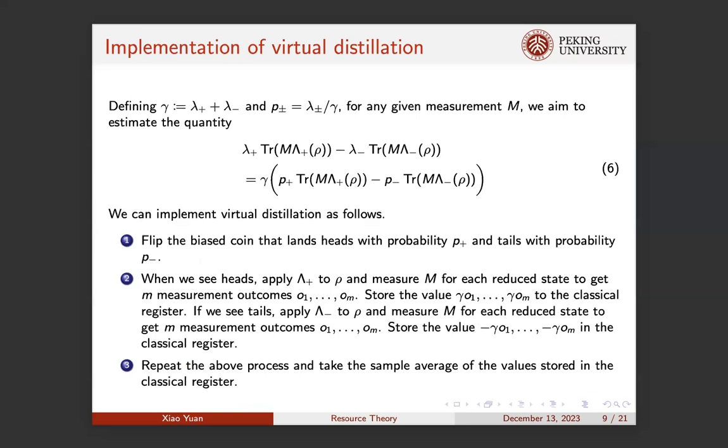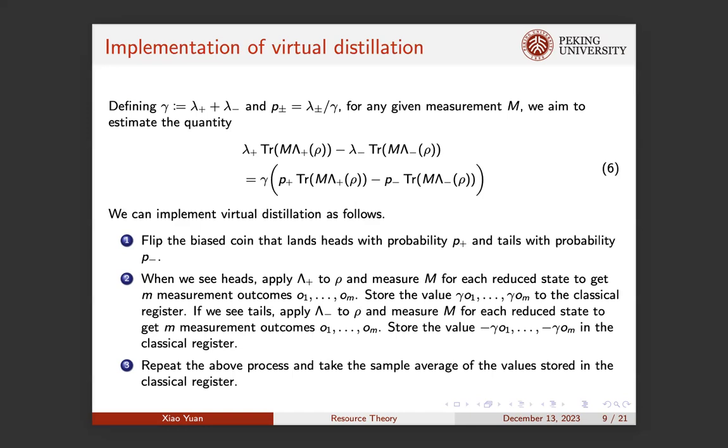So here, we define the p plus minus to be the normalized lambda. Here gamma is the sum of the positive and the negative coefficients. And then this linear combination of measurement outcomes becomes this one. Since p plus and p minus are normalized, we can make use of a Monte Carlo approach to implement this.